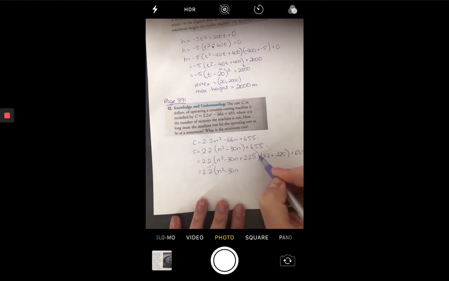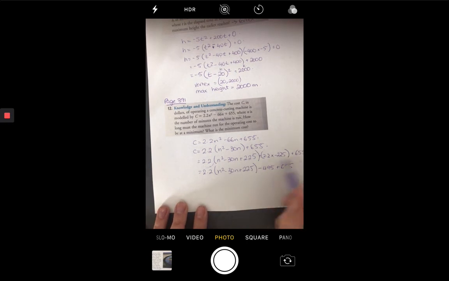That should really be a plus 225. Alright, so 2.2 times negative 225 is negative 495, plus 655.